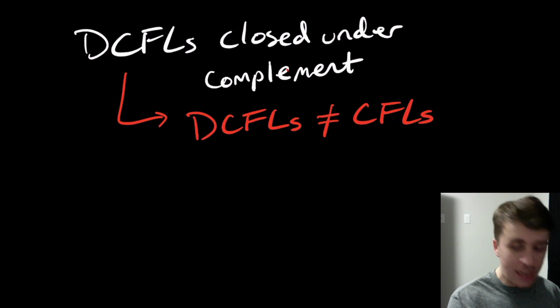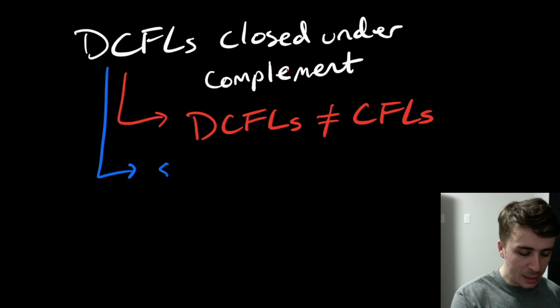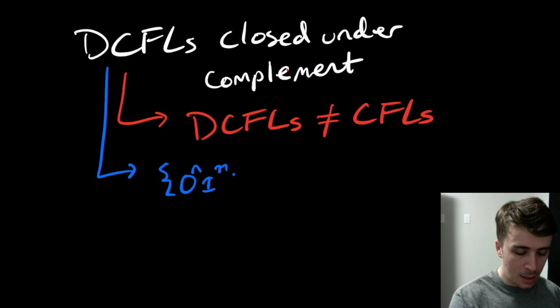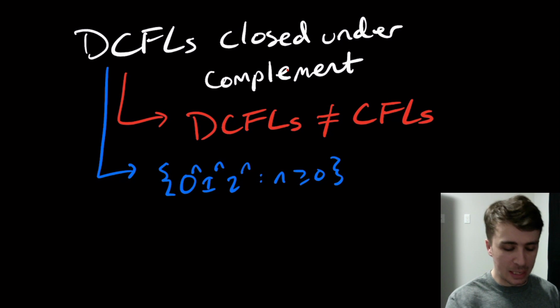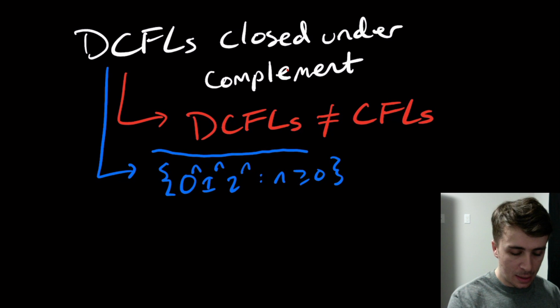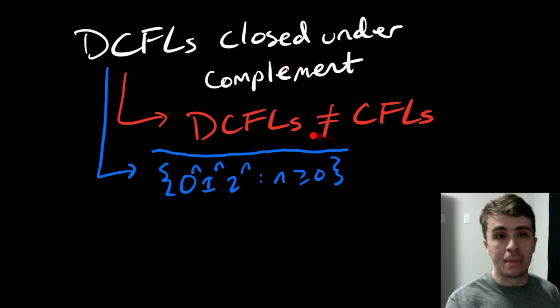And in fact, one example of this we can figure out right away is if we look at the language 0 to the n, 1 to the n, 2 to the n, where n is at least 0. This guy was not context-free, but if I take the complement of it, we saw last time that the complement is context-free.